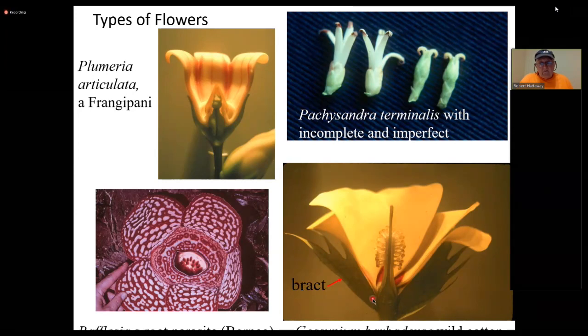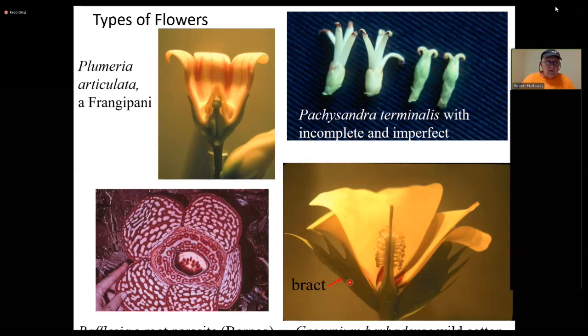Now cotton over here is a model just like that one. You can't see the sepals very well in this diagram, but in addition to being a complete flower, there's also another whorl of structures that we refer to as bracts. A bract is a leaf-like structure that is associated with a flower.